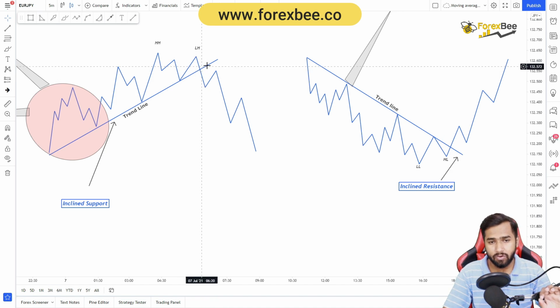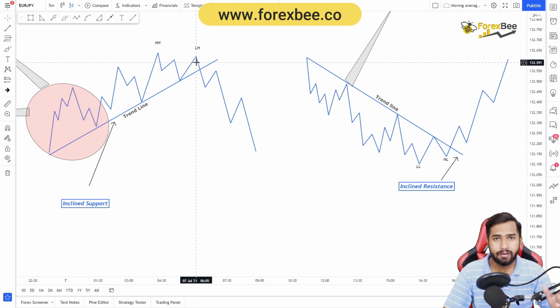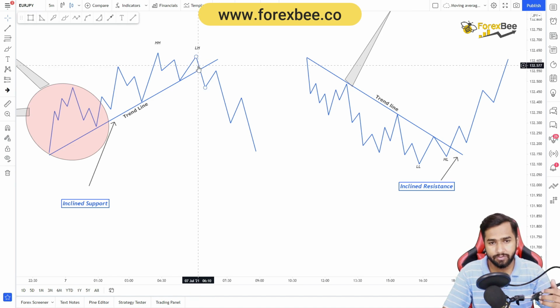There should be no such candle which has a very small body and very long wick. There should be a very long candle formation here on the trend line, which is basically crossing the trend line. Then it indicates that something is going on in the market, which means that there is going to be a possibility of trend reversal.